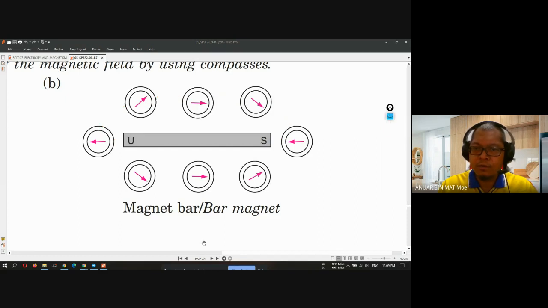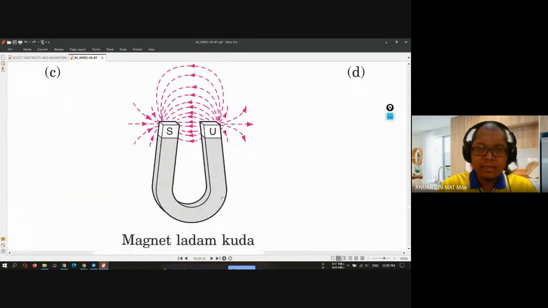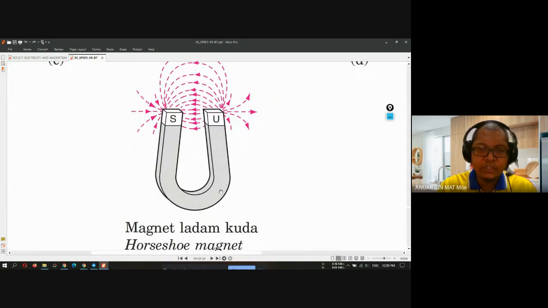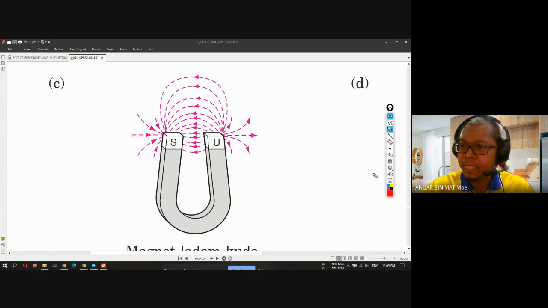So I go to number 3. This is the U shape or horseshoe magnet. Again, it has a different shape from the usual bar magnet. If you can see here, this is the south, and this is the north.